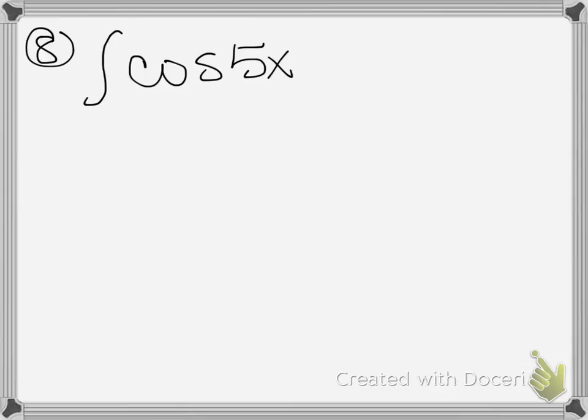Welcome back. Let's check your answers. Number 8 was the integral of cosine 5x dx. Hopefully you made u 5x because the du would be 5 dx. And then you're thinking, but I don't have the 5 dx, so put the 5 in there, the 1/5 on the outside.